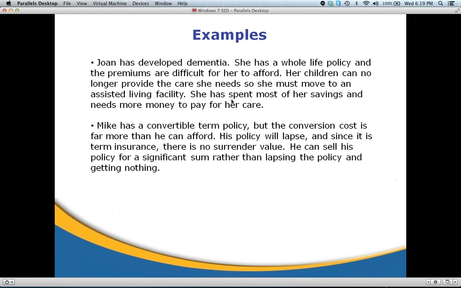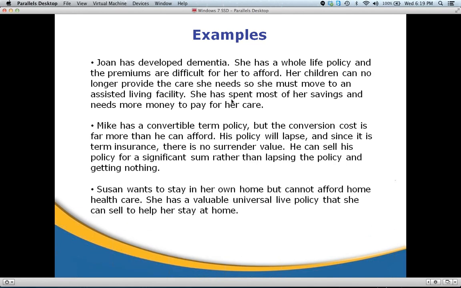And now he could put that money into an annuity, or he could just use it for living expenses or eventually long-term care expenses. And finally, Susan wants to stay in her own home, but she can't afford home health care, and Medicaid won't pay for it, and Medicare won't pay for it, so she has to pay privately. She has a very valuable universal life policy that she can sell that will fund her stay at home.